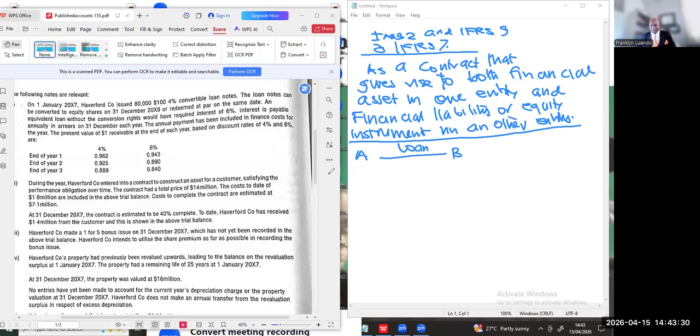The provider of a loan is the holder. Very important terms. And the company receiving the loan is the issuer.